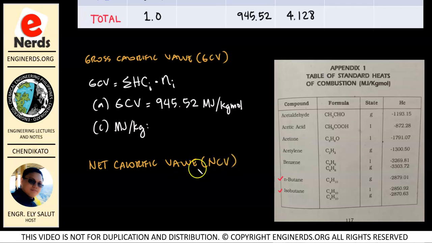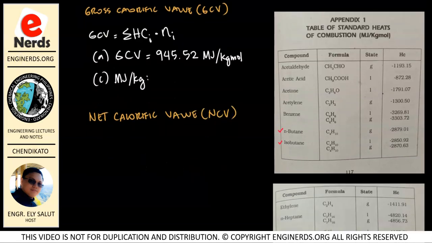Okay, so sabi natin, ano nga yung formula natin for net calorific value? We have NCV is equal to our gross calorific value minus, okay, so yung moles of water from fuel combustion.